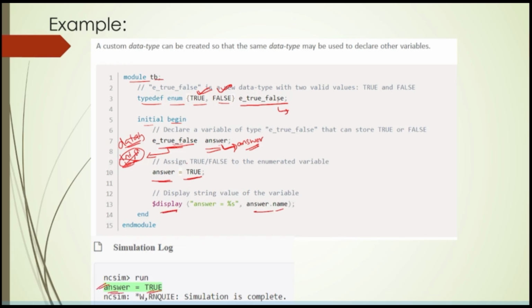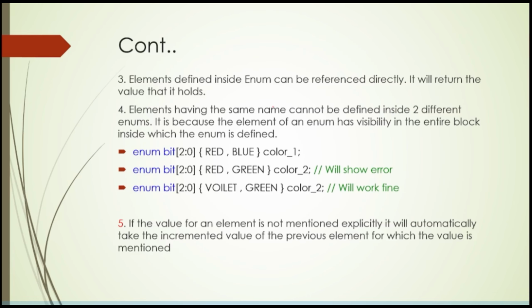Similarly you can write it as answer equal to false, because it can hold either true or false. In the similar way, if you want, you can increase your number of elements. If you increase the elements, that many elements this can hold. Got my point? Yes. So this is how you will be using the enum data type.